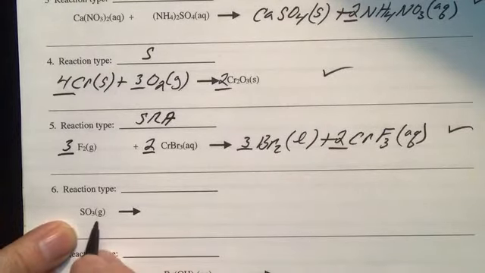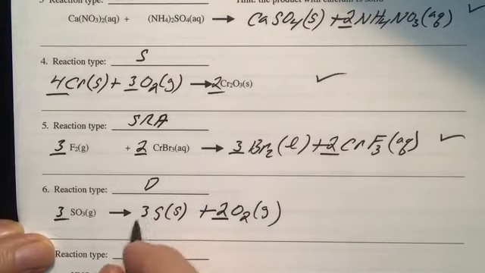Okay, so all we need to do, and these are really quite simple, is just break it apart. Sulfur is a solid. How do you know it's a solid? Look on your periodic table. It tells you it's a solid. And again, oxygen, our favorite element, diatomic gas. Balance the oxygens. Balance the sulfur. Voila.